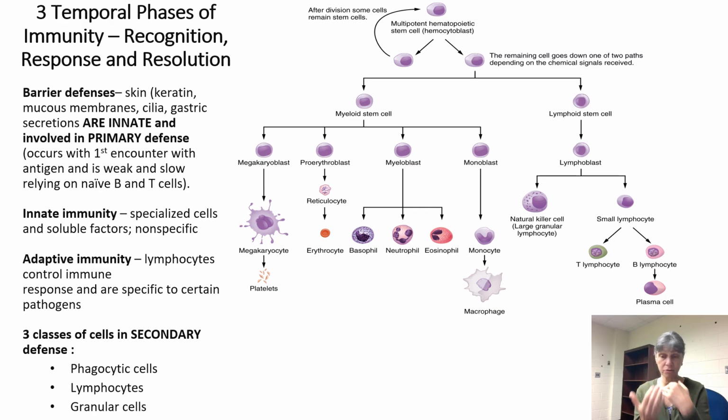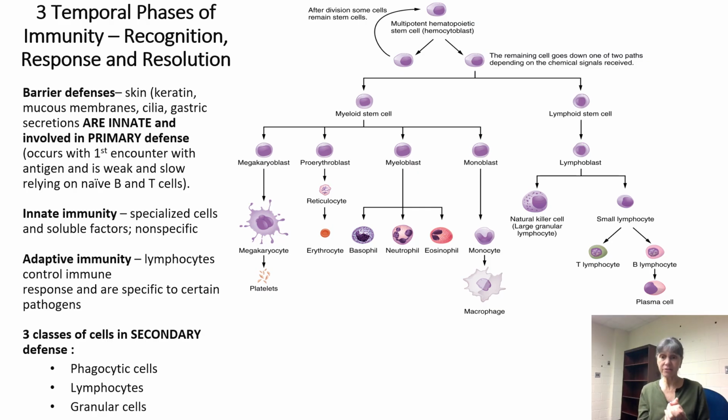Our skin forms a barrier against different types of pathogens, and that includes the keratin in the skin. The skin is also acidic, which can help kill certain bacteria. We also have our mucous membranes and gastric secretions. Again, those are all innate. We're born with them, and they're involved in primary defense because that's our first line of defense.